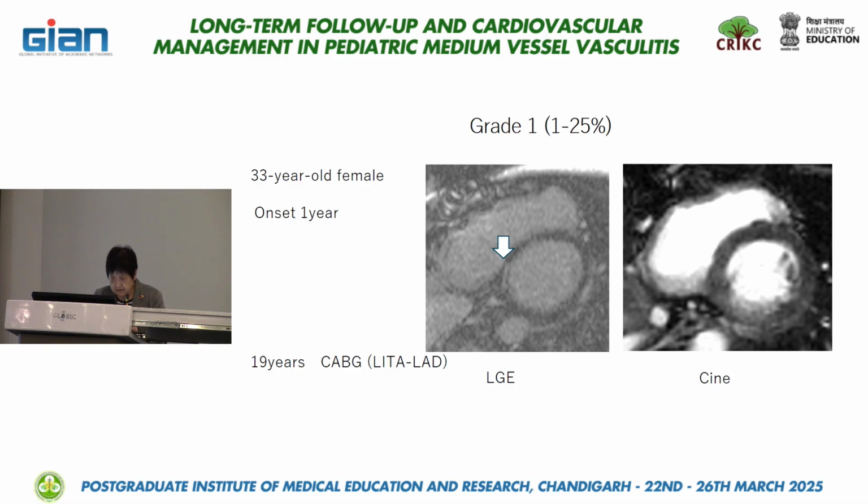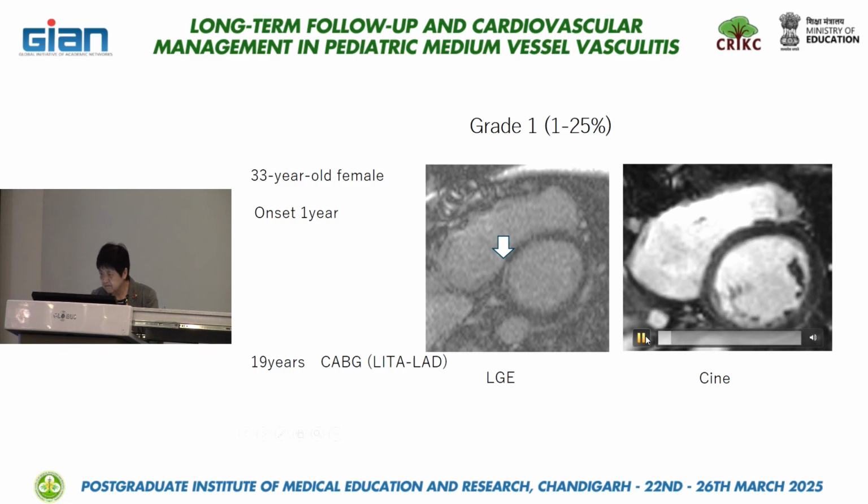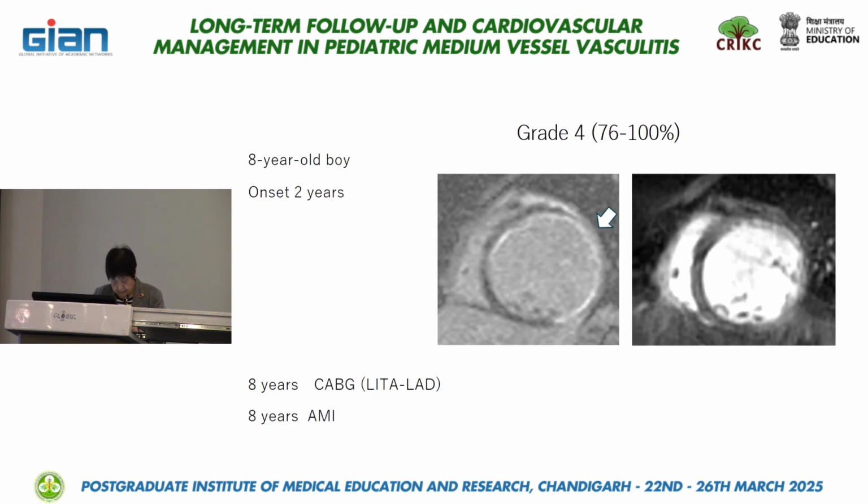This slide shows grade 1, a 33-year-old female who had CABG at 19 years old. This slide shows grade 4, an 80-year-old man who had AMI and coronary artery bypass grafting at 8 years.